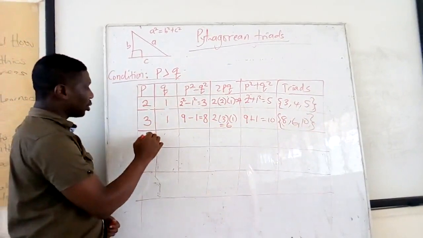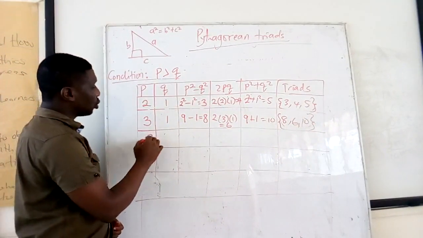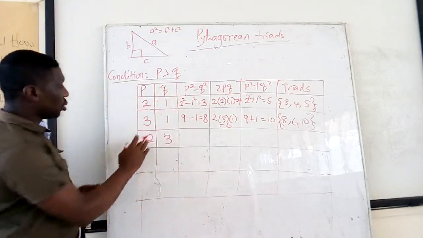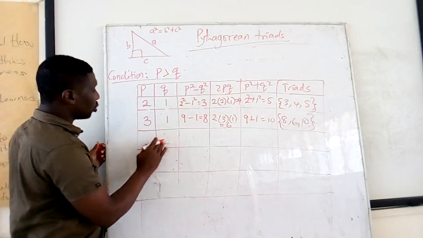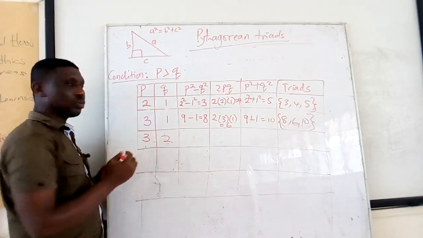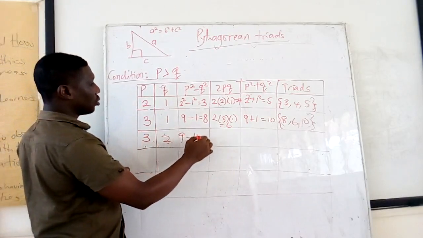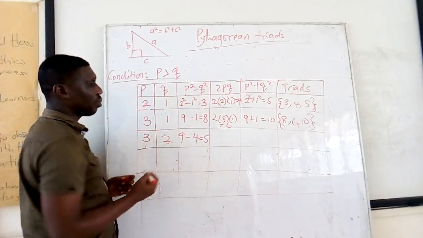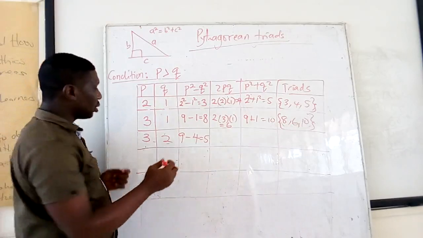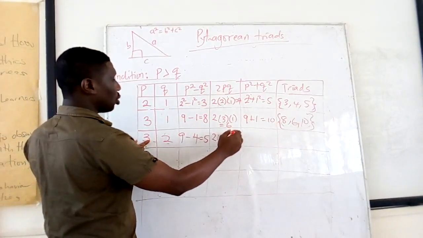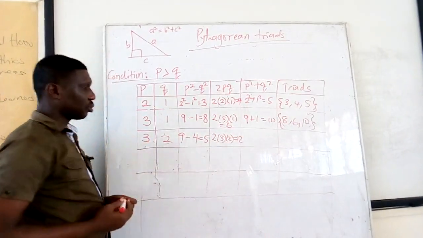Okay, so this time around I would like to try 2 and 3. So let's follow. No, the P is supposed to be greater, so 3 and 2. This will give us 9 minus 4, which is 5. And then 2 times 3 times 2, which will give us 12.